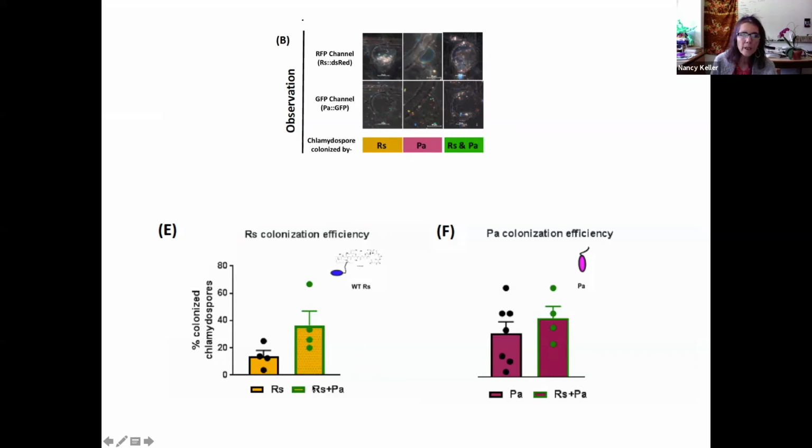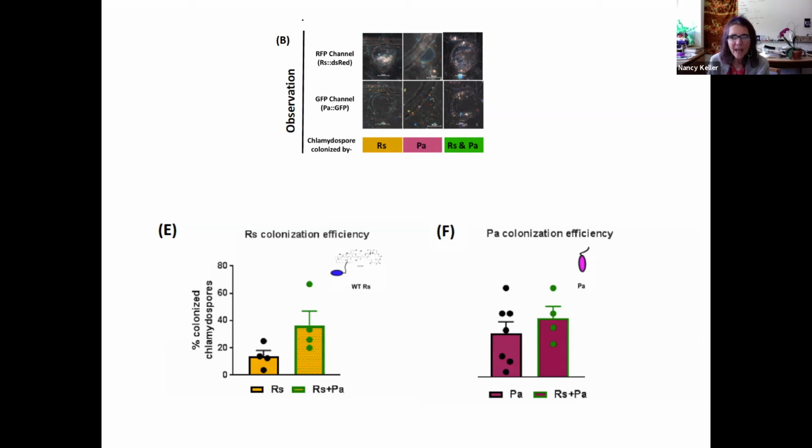When she co-incubated Ralstonia and Pseudomonas, she found, and now she's just counting Ralstonia, that there was an increase in the number of Ralstonia that were inside the chlamydospores. She then did the same experiment, but she allowed Pseudomonas to arrive at the fungal court earlier than Ralstonia.